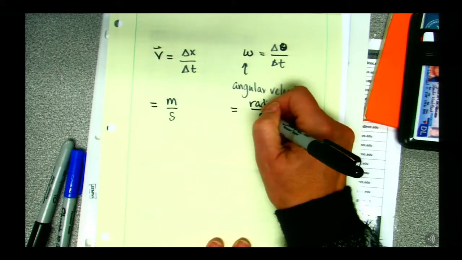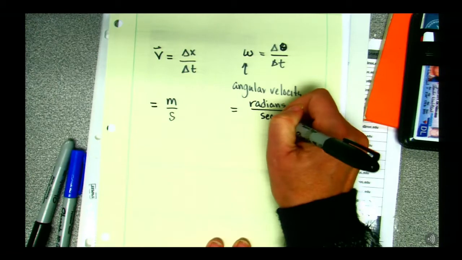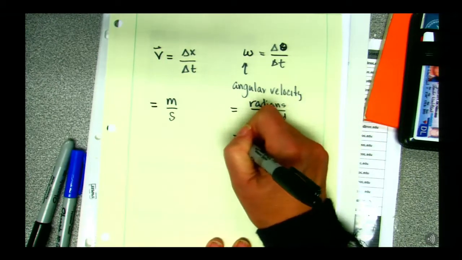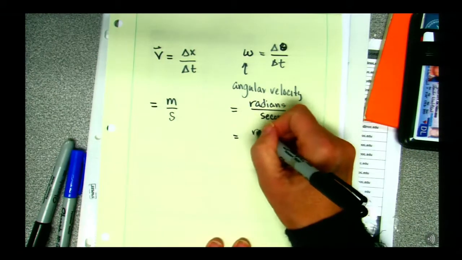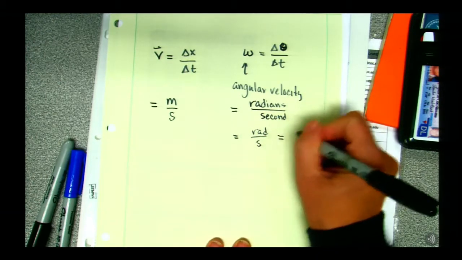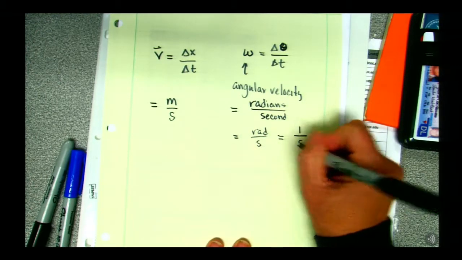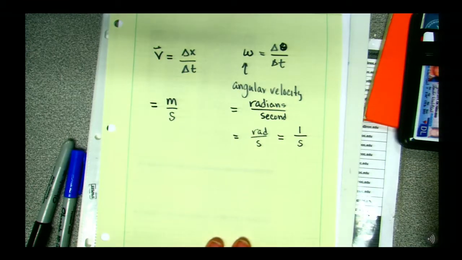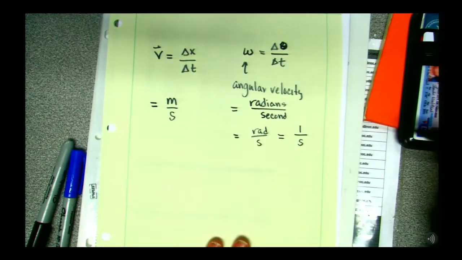Most of the time we'll ditch the radians and have an angular velocity in 1/seconds. If I have something in 1/seconds, if you remember it from chemistry class, that's a frequency.